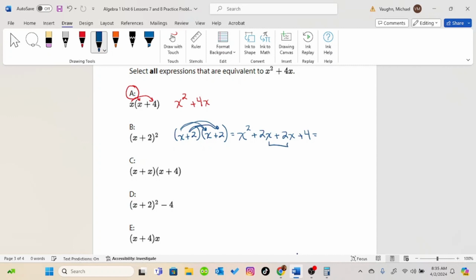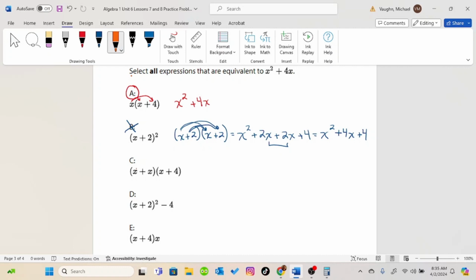We add like terms, and this becomes x squared plus 4x plus 4. That does not match, so B is wrong.